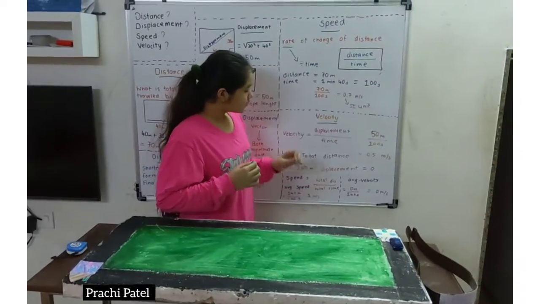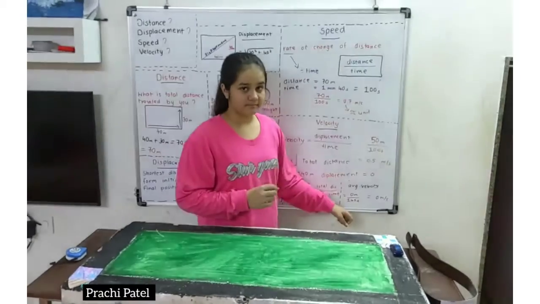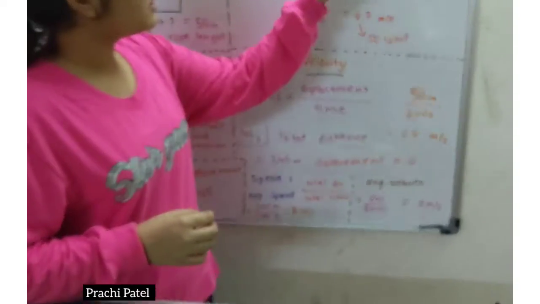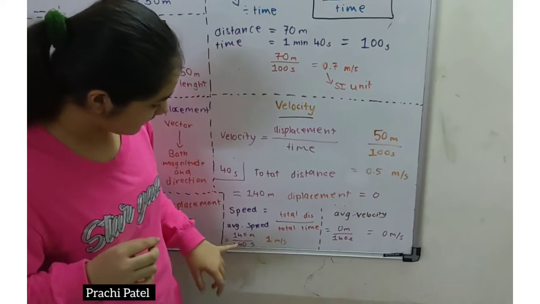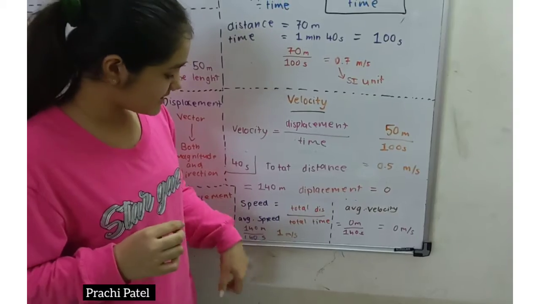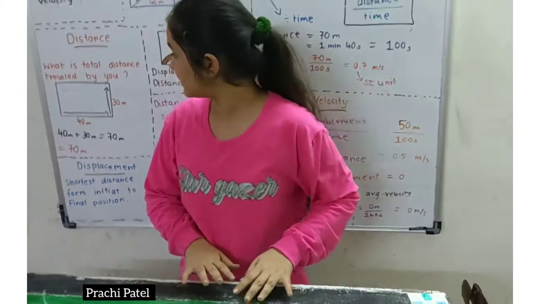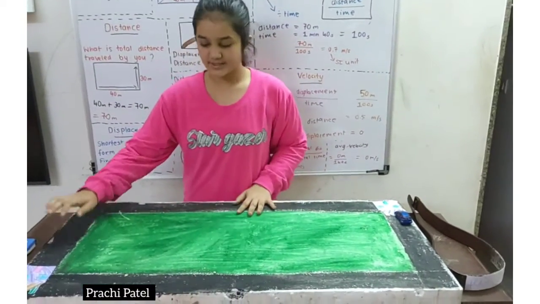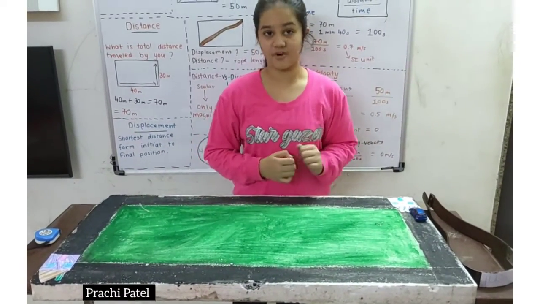Now speed. In speed we have to find total distance by total time. So over here we add the totals. It's 140 meters by 140 seconds, because we need to total all the sides: 40 meters, 30 meters, 40 meters and 30 meters. When you total that, you get 140.